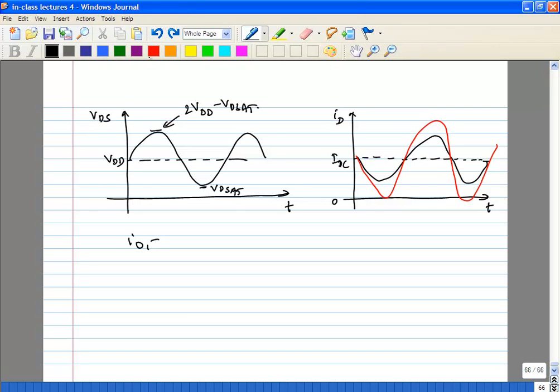You can say ID, or minus IR sin omega naught t. The sign doesn't matter that much. So the output is nothing but the DC minus the drain current.